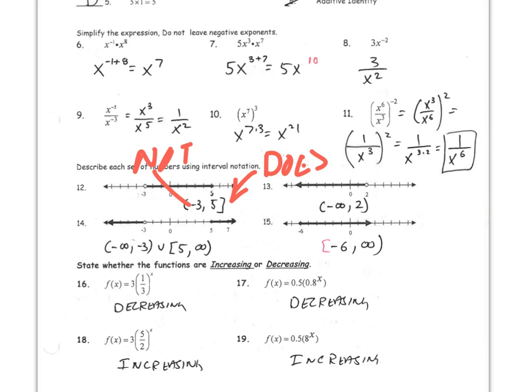So this is the set of numbers from negative 3, not including negative 3, to 5, including the 5. So the square bracket means inclusive.